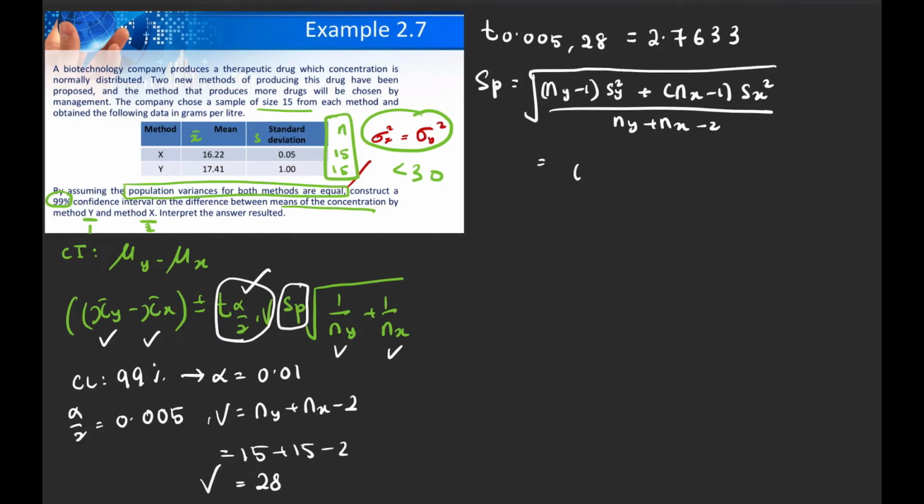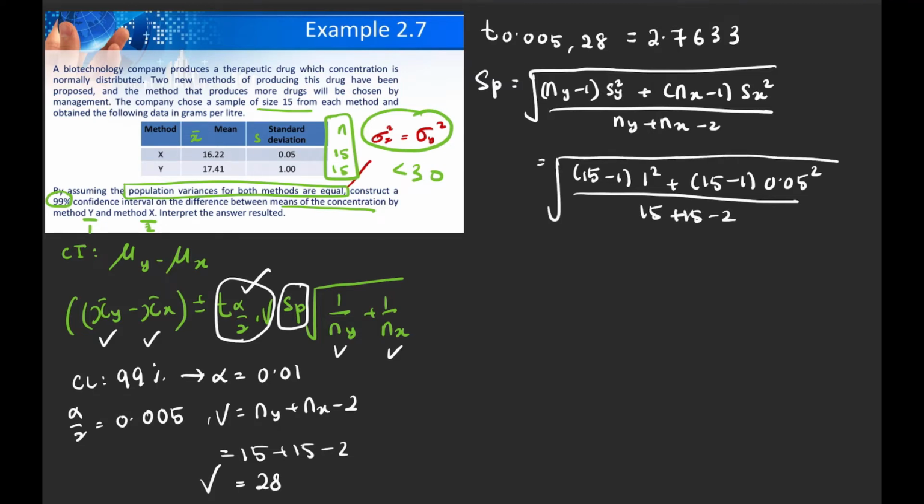Our n is 15 minus 1 times 1 square plus 15 minus 1 times 0.05 square, divided by 15 plus 15 minus 2, square root. Put into your calculator and calculate it carefully. You will get 0.7080. Now you have the sp, you have the t.